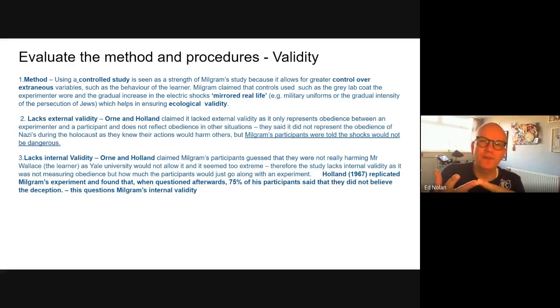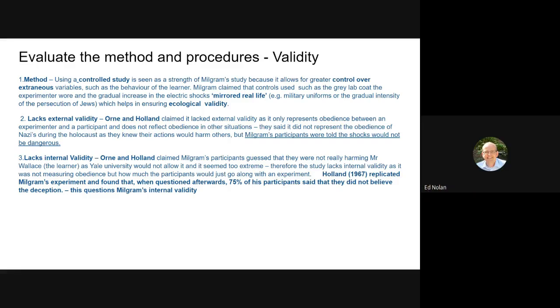Also, why were they there? Why wasn't the researcher, the experimenter, carrying out the electric shocks? So they claim that they would work out quite quickly that actually Mr. Wallace wasn't really getting harmed, and that's why they were more willing to carry on.